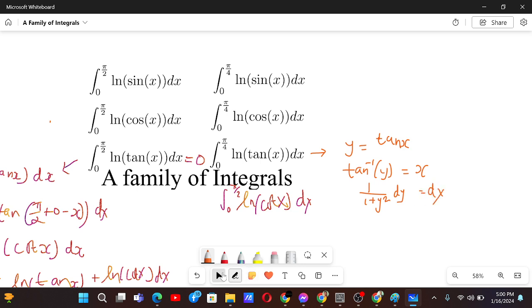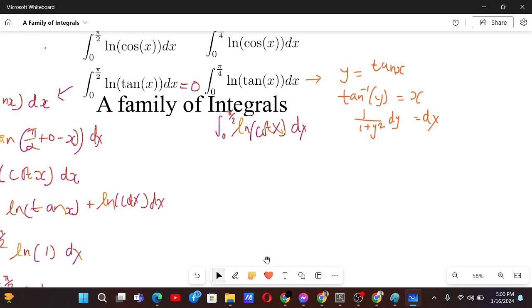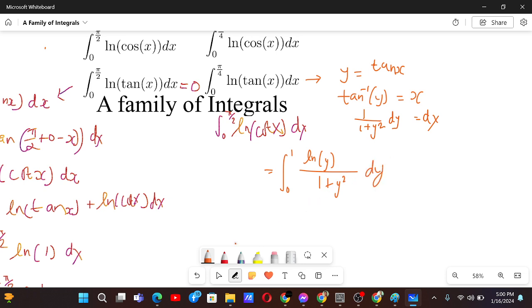After this, we will have the integral from 0 to 1 of ln y by 1 plus y square times dy, since dx is equal to this thing.